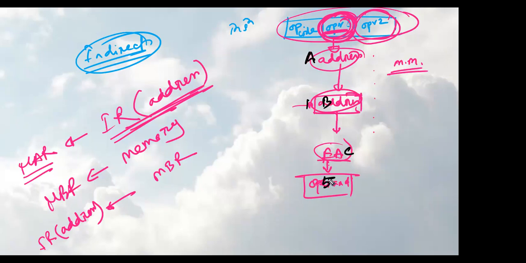So after performing several indirection steps, lastly it will contain memory address C. It is your effective address. So at the last step of this indirection, this C will be updated inside this instruction. And the instruction is stored where? In IR. Is it clear or are you still confused?